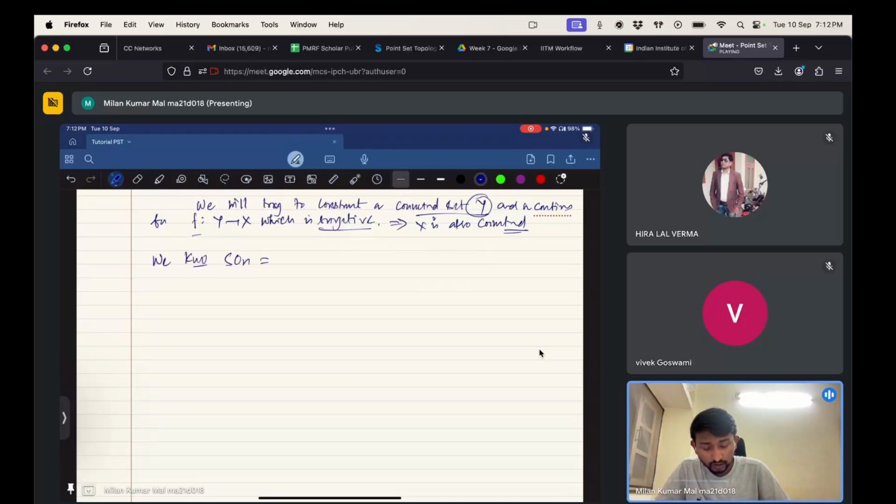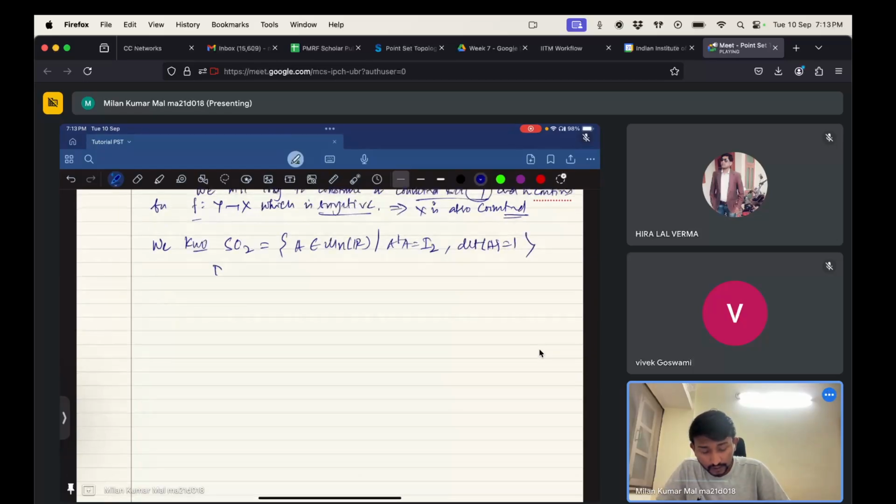So we know SO2, which is equal to all those matrices in M2R such that A transpose A is equal to I2, that means orthogonal matrices, but in SO2 the determinant of A should be positive.